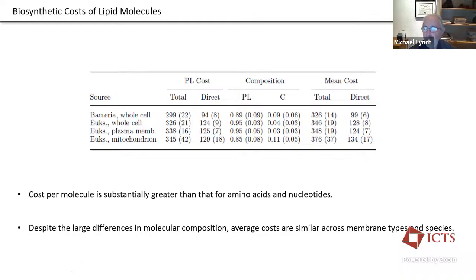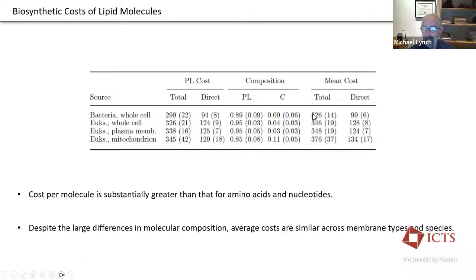There are many, many different kinds of lipid molecules. They have different head groups, different tail lengths, different degrees of saturation of the carbon atoms in the tails, and so on, but you can use some of these recipes that we put together to calculate the total cost of a lipid molecule.